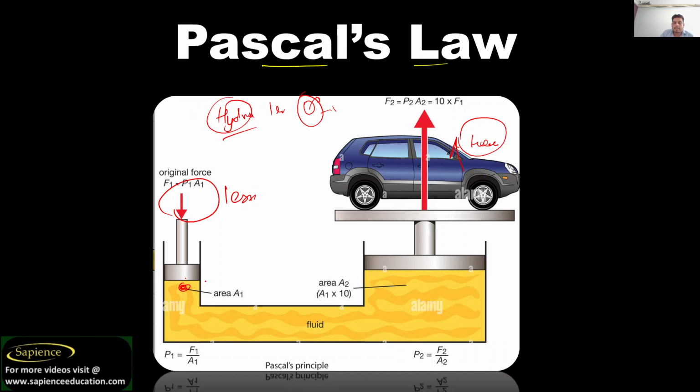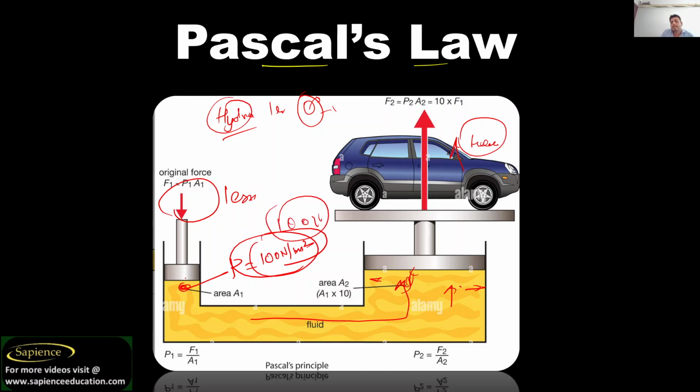For example, at this point suppose the pressure is 100 Newton per meter square. The same pressure will be everywhere, in this wall and in this wall. This is the key point used in Pascal's law to make a very large hydraulic lift.